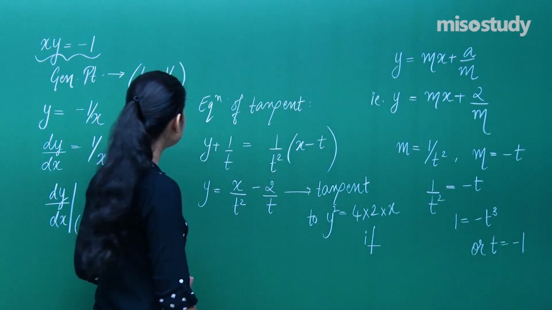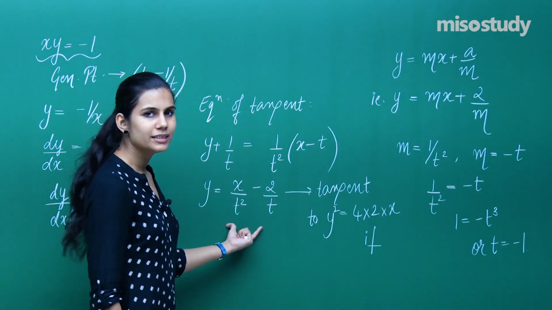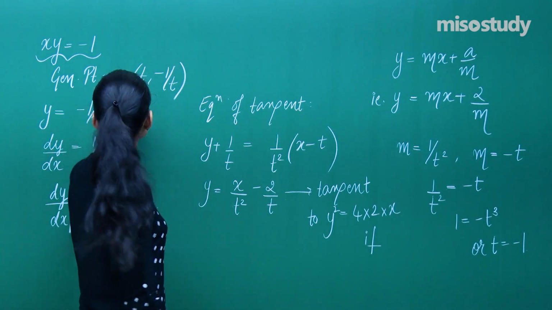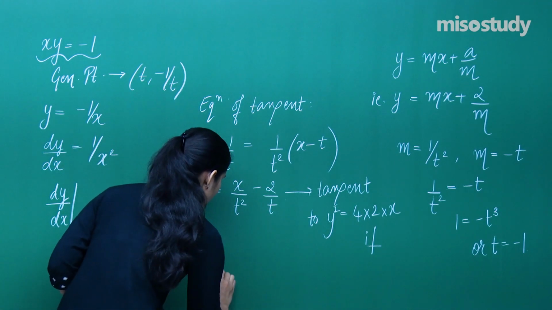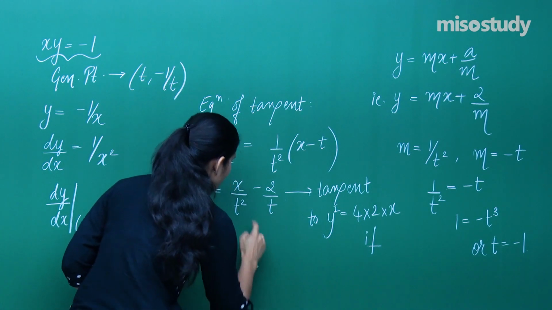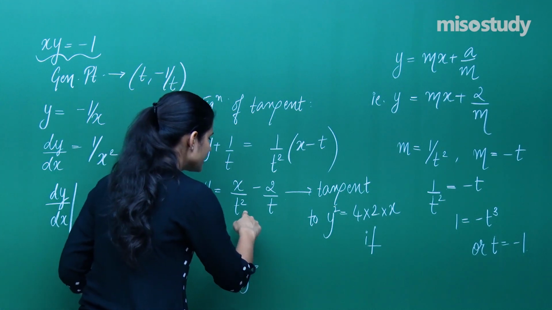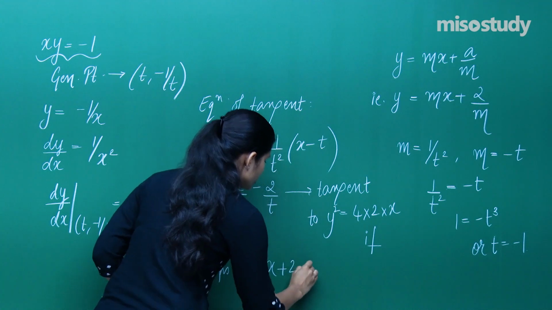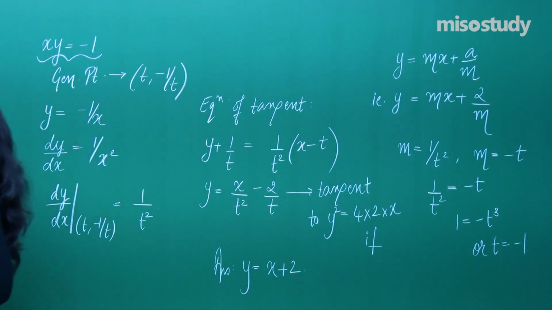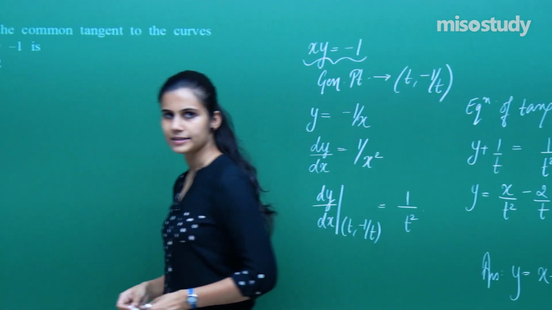The moment I get t is minus 1, what happens to be the equation of the common tangent to this curve as well as my standard parabola? It is y equals x upon minus 1 square minus 2 upon minus 1, which is plus 2. So y equals x plus 2 is your required answer.